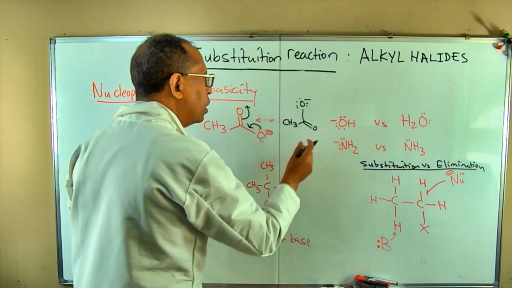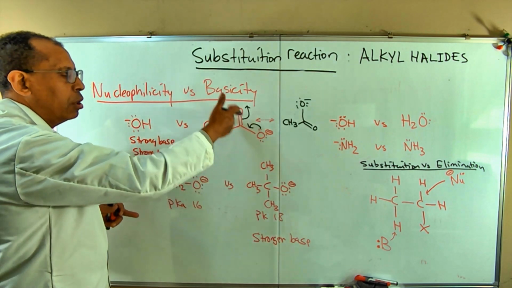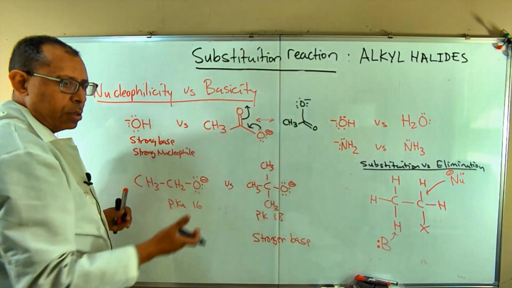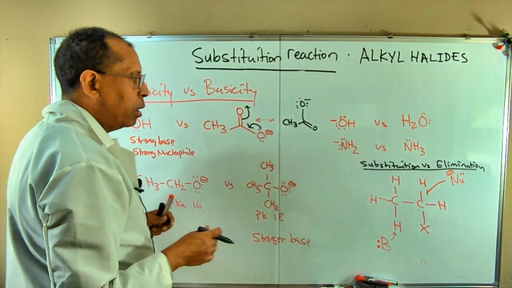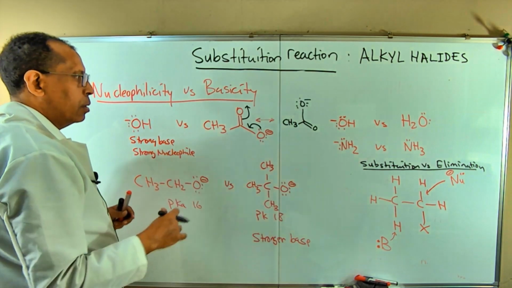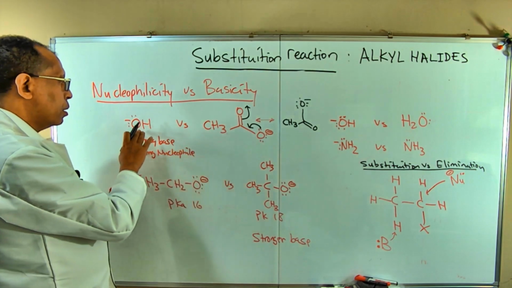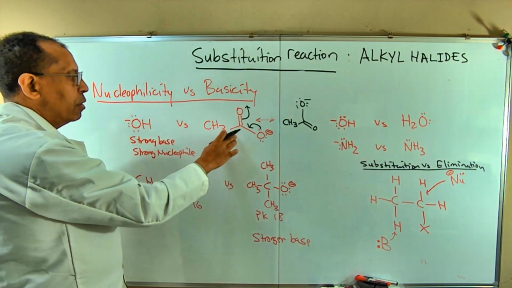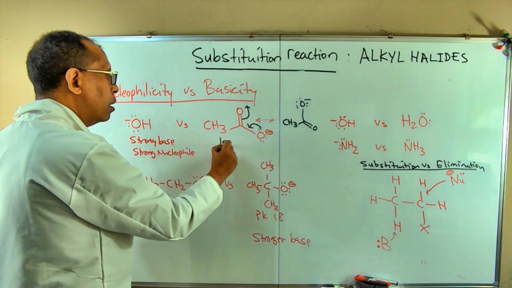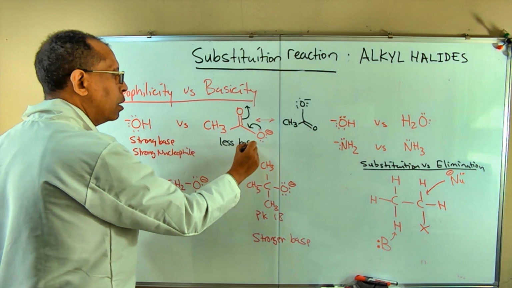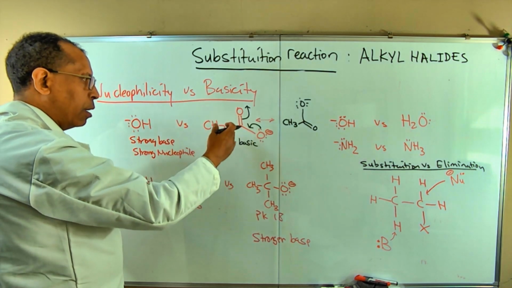So that electron pair is actually shared by the two oxygens. Hence, it's not very available to go and do an electrophilic attack on another carbon or alkyl halide. So if you compare this OH minus versus acetate anion, this is less basic because the lone pair of electrons are resonance stabilized.